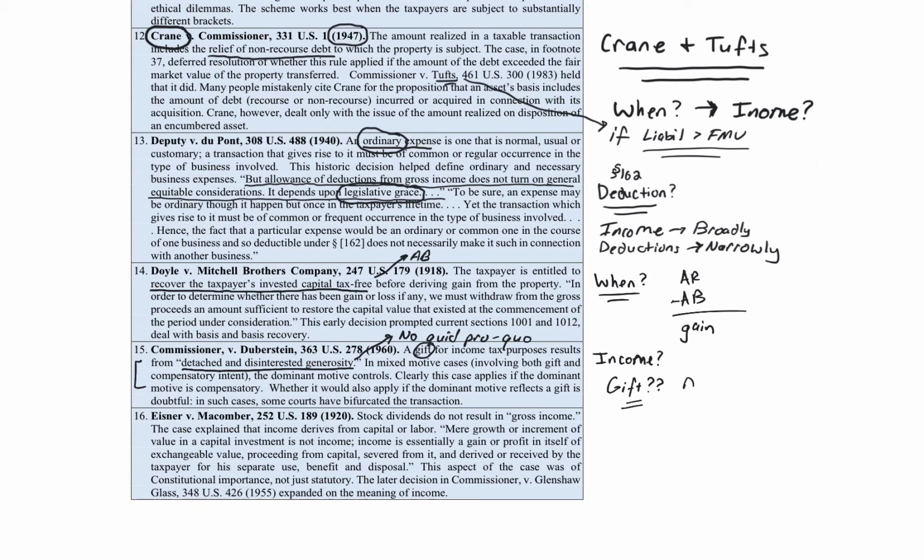So the donor's intent is what controls when we focus on whether there's a gift. Okay, the dominant motive, if there's any compensation, again, detached and disinterested generosity, and we also focus on the donor's intent, not the donee. We focus on the donor. Do they expect to get anything in return?